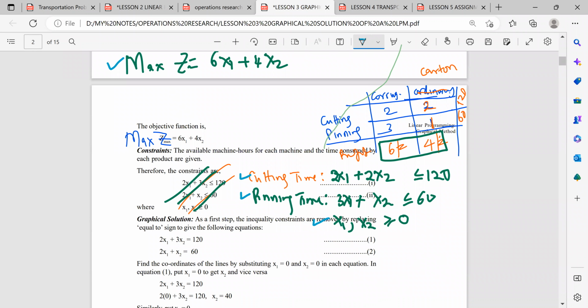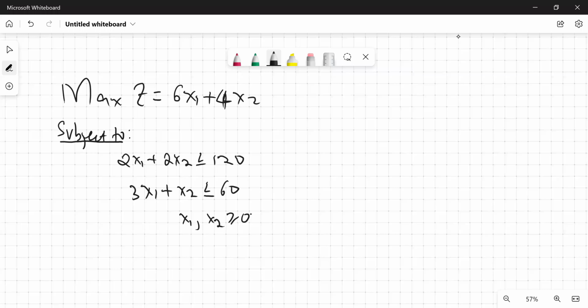Okay, so we will not solve the wrong problem that they have given us. I want us to solve the model that we have just written down. So I want us to transfer to another place where we can draw a graph. This is the model that we want to solve graphically.